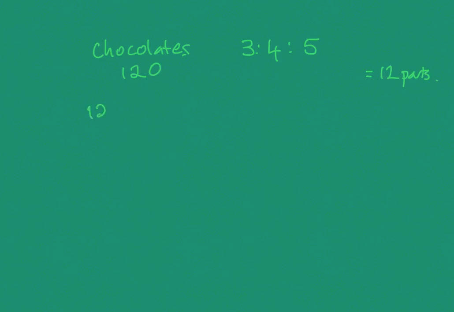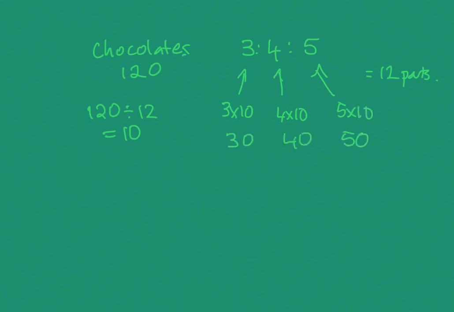So if I do 120 divided by 12 equals 10. So that means that this family gets 3 by 10, this family gets 4 by 10, and this family gets 5 by 10. Which equals 120.